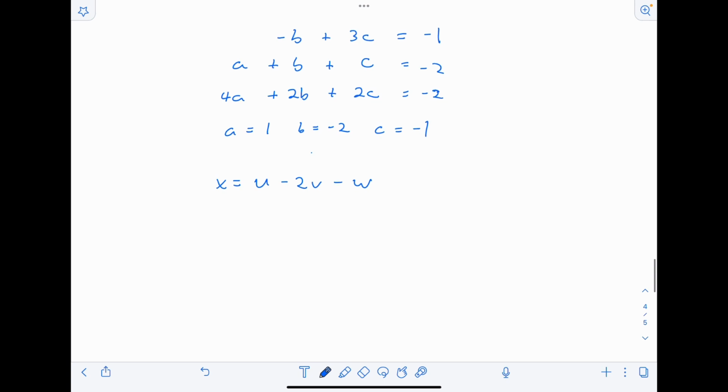Now, I mentioned earlier that vectors can be written as matrices.